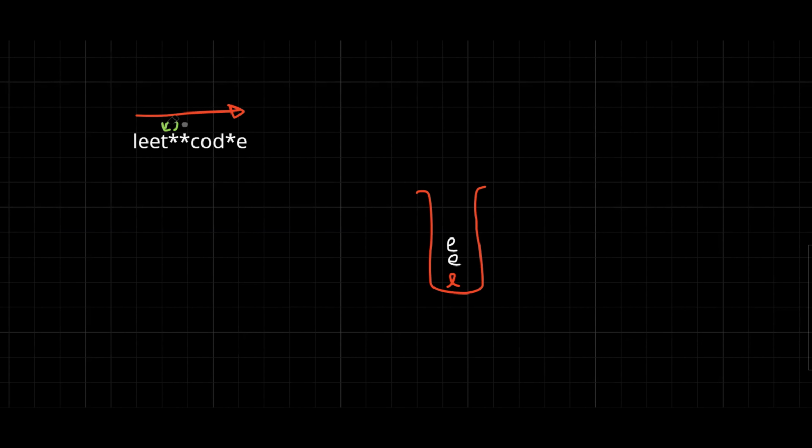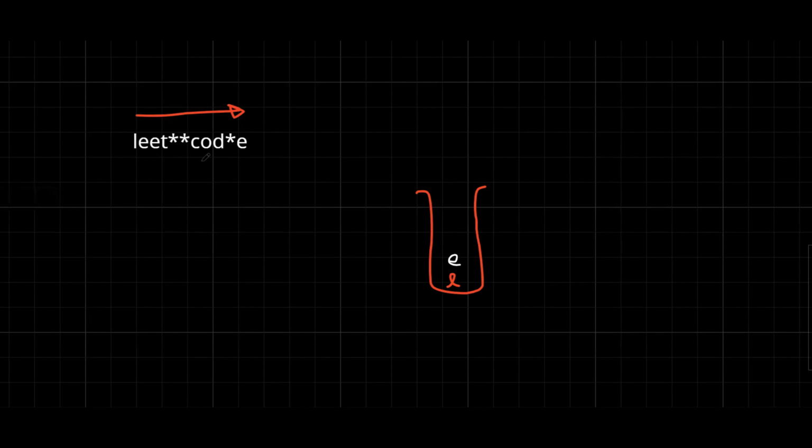Now, our current pointer is pointing to the next star, so we again remove the top element from the stack. Here we remove another E from the stack. So now our stack only has 2 elements, which are L and E.